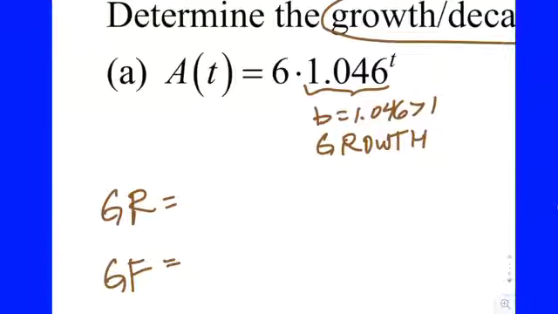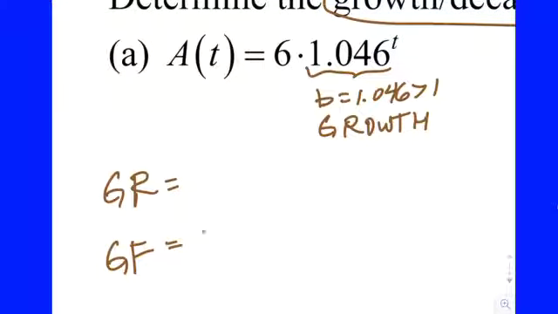Which of those two is the easier to get from the equation? The growth factor. Because the growth factor is just the base, which is 1.046. Keep adding an integer value of t, it's times 1.046, times another 1.046. And multiplication is a factor.